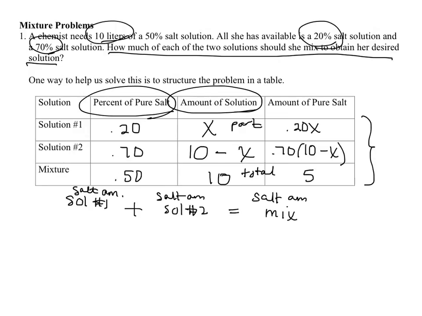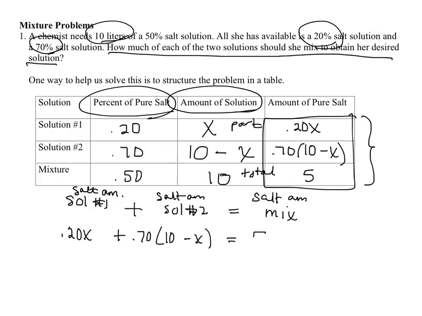So this is the beauteous part, because this will always be your equation right here. 0.20x plus 0.70 times 10 minus x is equal to 5. And then all we need to do is solve. Here we go. 0.20x plus 70% of 10 is 7 minus 0.70x is equal to 5.